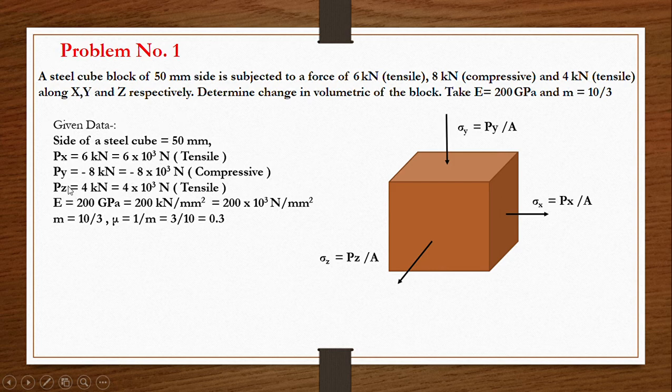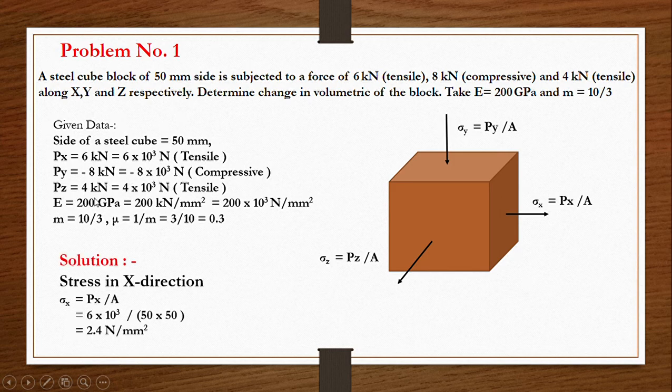Same for z, it is positive, 4 into 10 raised to 3 Newton. For the value of E, given as 200 gigapascal, that will be converted to 200 kN per square meter, and the kilonewton converts to 10 raised to 3 Newton.